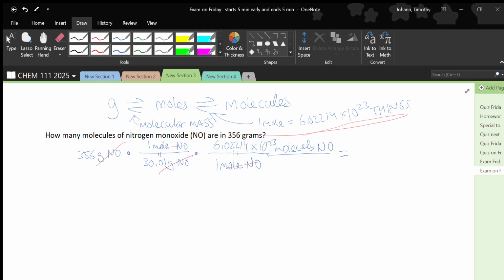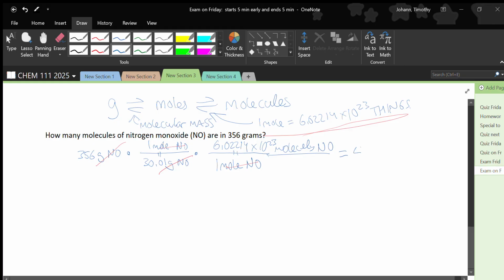And I've got 7.14 times 10 to the 24. Let me look at it for rounding real quick. Yeah, 7.14 times 10 to the 24 molecules of NO, because that's my only unit left there.